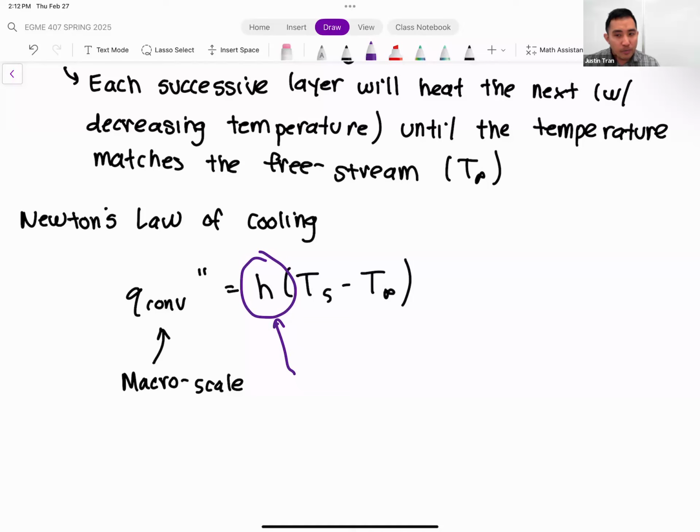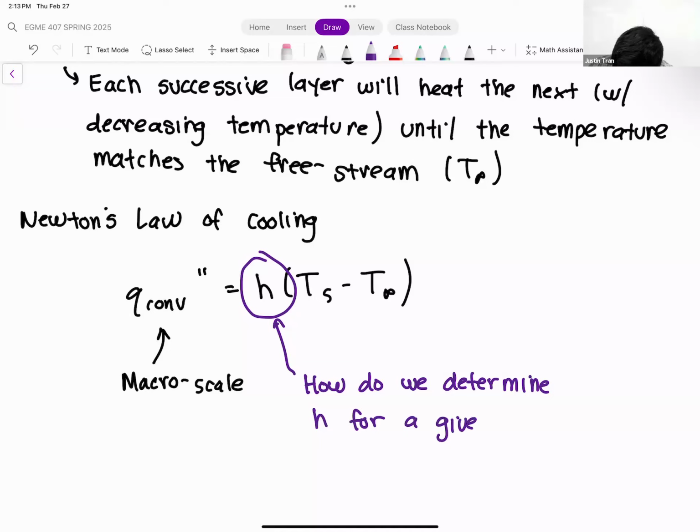And so a lot of what we're going to do, and the whole issue with convection in general, is how do we determine h? That's what the next 3 to 4 weeks are going to be, just solving for h.